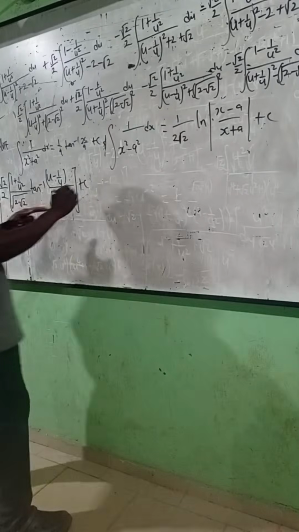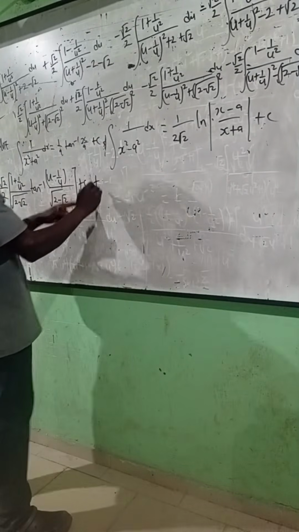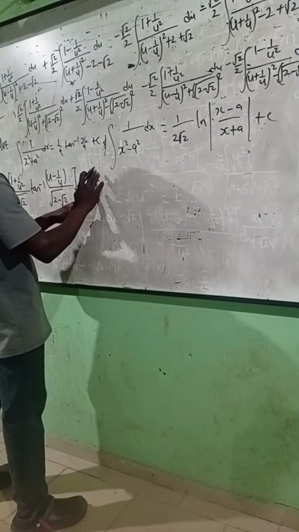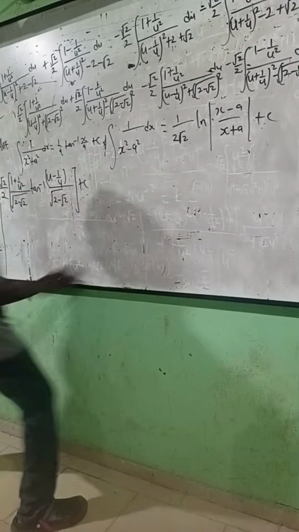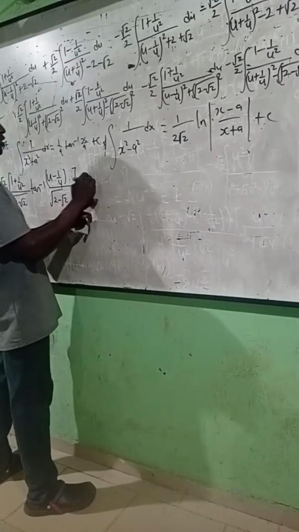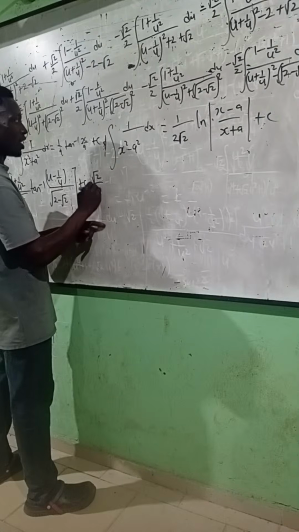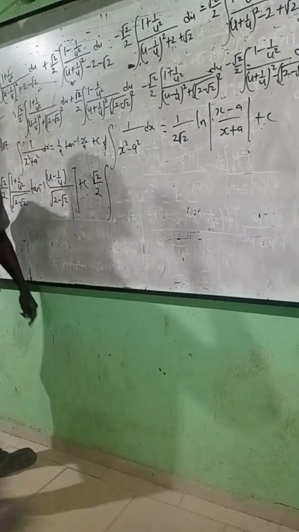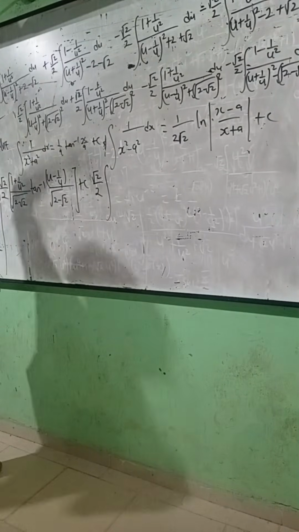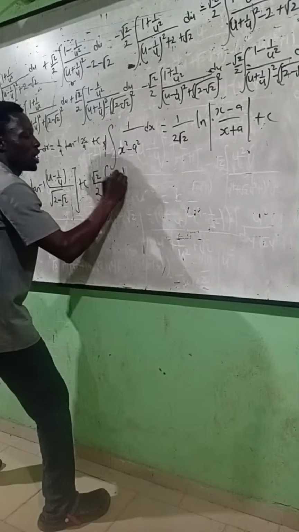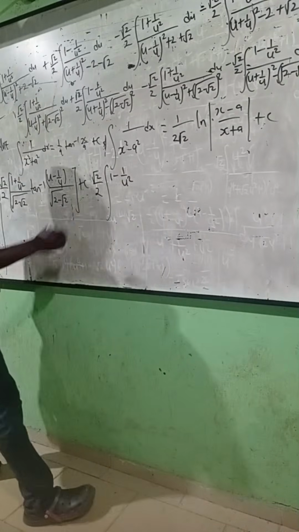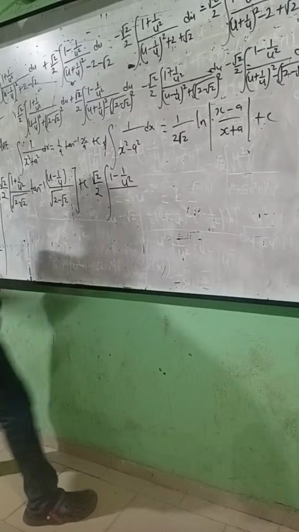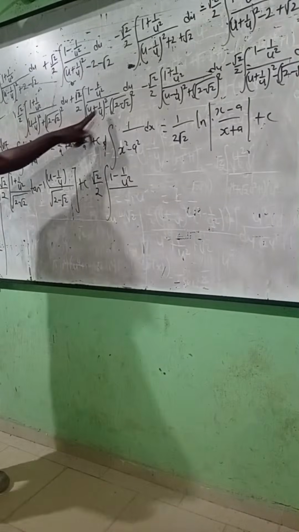Now the second one. Let's write them separately. Plus root 2 over 2 integral of, what's our 1 here? 1 minus 1 over u squared, divided by, this one is minus, it's not plus.